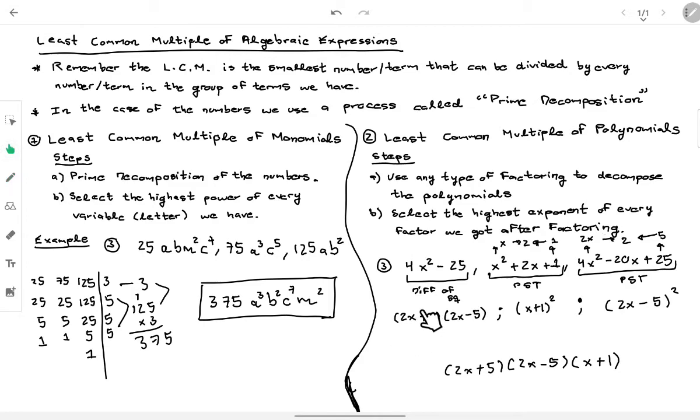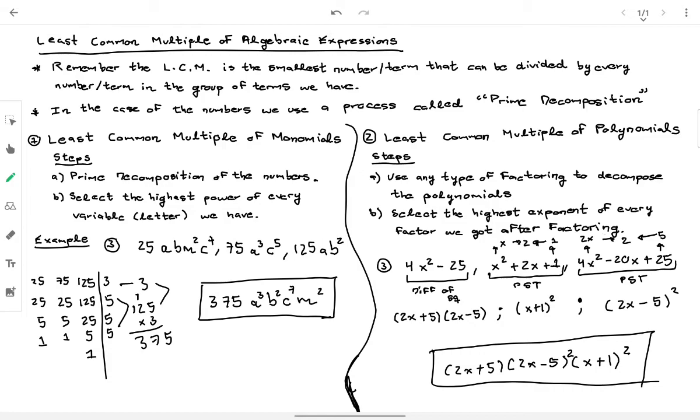The 2x plus 5 only appears here, so it stays the same. But the 2x minus 5, we have it to the 1 here, to the second power here, so it's going to be to the second power. And the x plus 1, something similar, we have it to the second power. And this is going to be our actual answer for the least common multiple of those three polynomials.